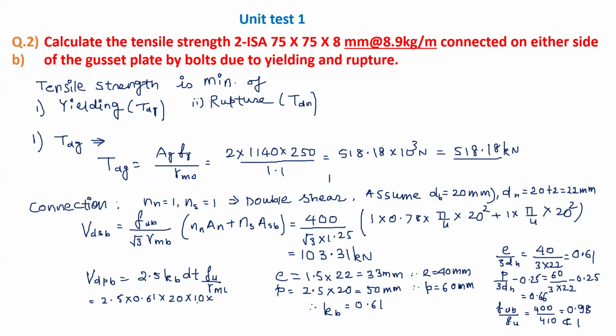If you have a double angle, then t will be of the gusset plate. Into fu 410 upon gamma mb 1.25. And then we have this value VDPB, I got this value 100.04 into 10 raised to 3 newtons, that is equal to 100 kilonewtons.